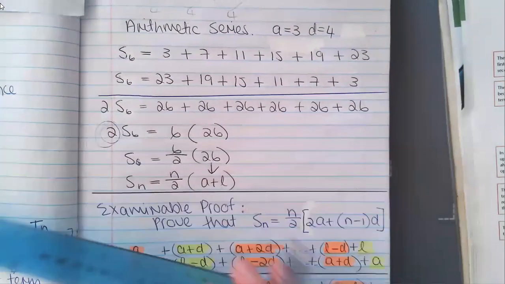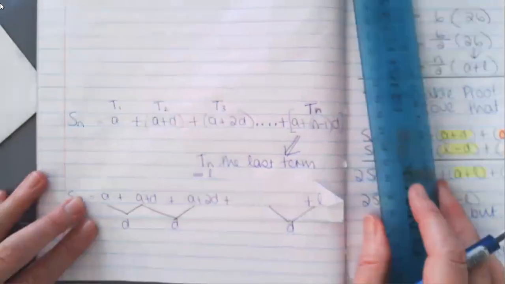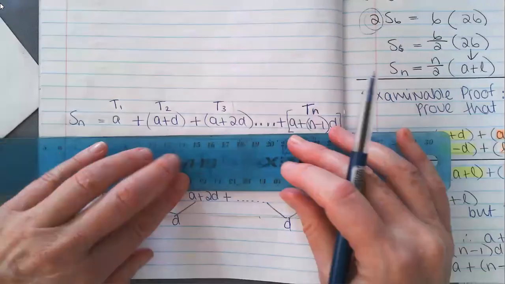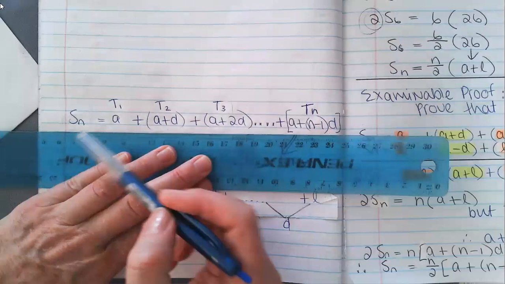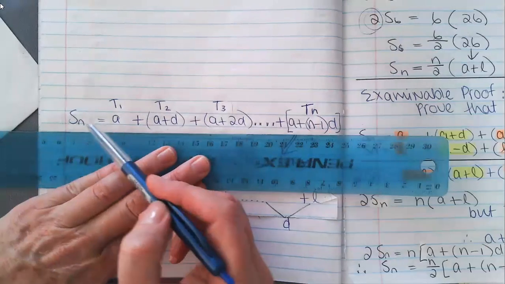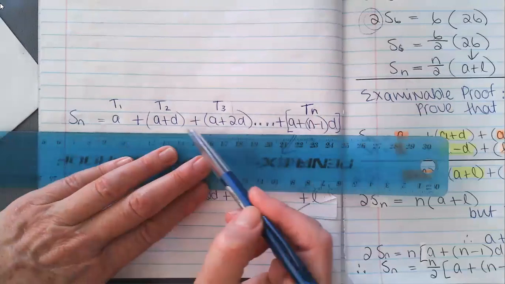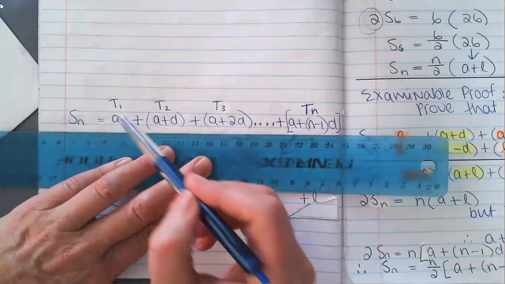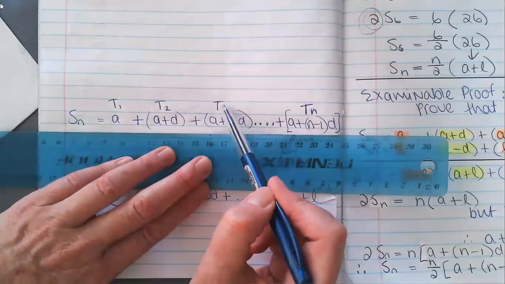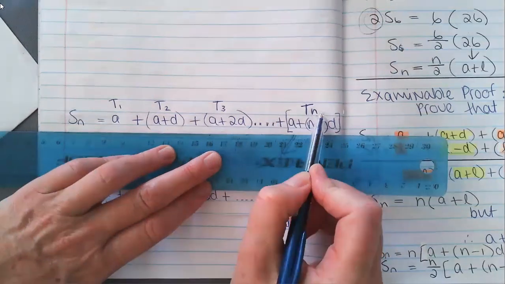Let's have a look at something else that I need to show you. If I write the sum of the first n terms, I'm having A plus A plus D plus A plus 2D. So it is term 1 plus term 2 plus term 3, and so we go on until we get term n.